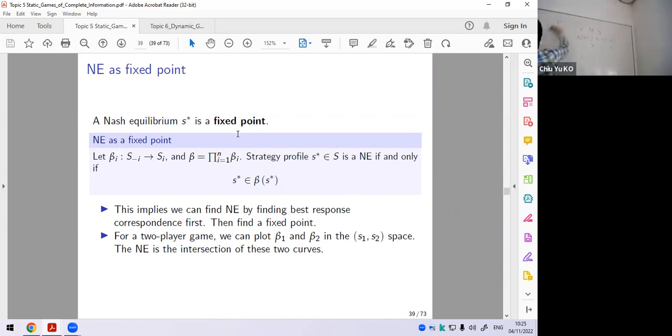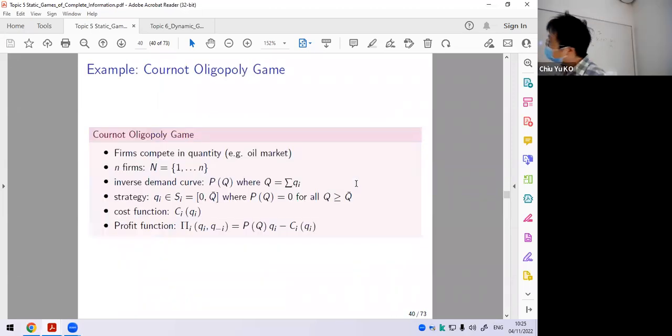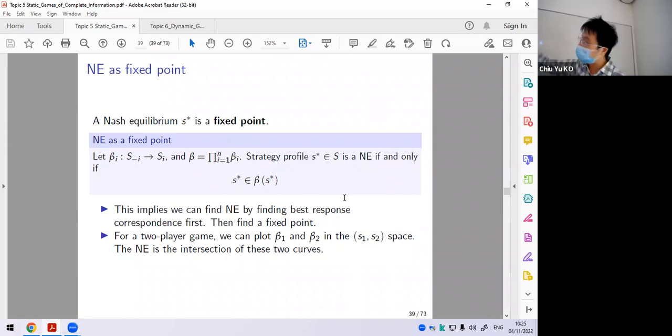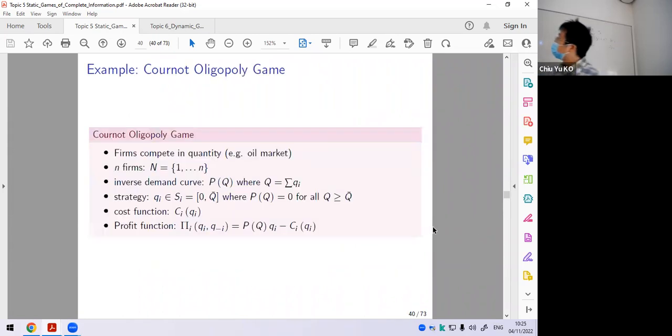Maybe I can illustrate this easily. Later you will see. This is a little bit tricky, but let us look at this case, then you will see what we are doing here. So this is Cournot oligopoly, or you can say duopoly easily.